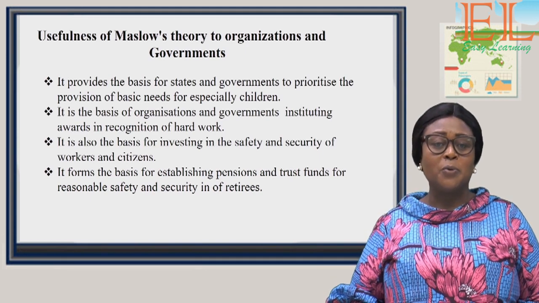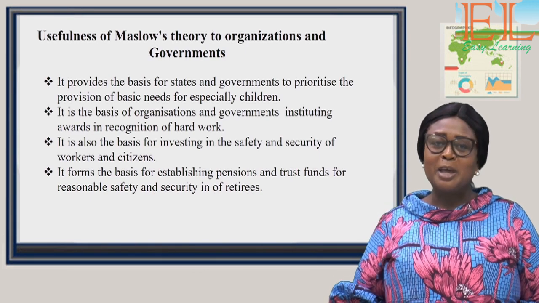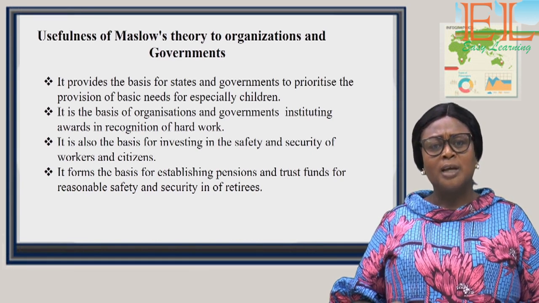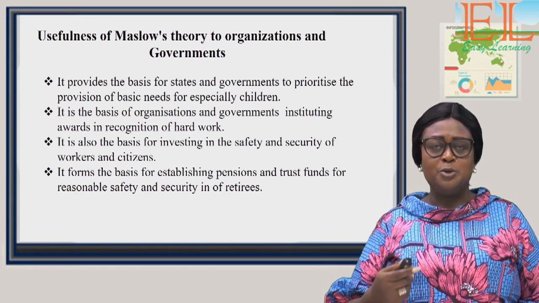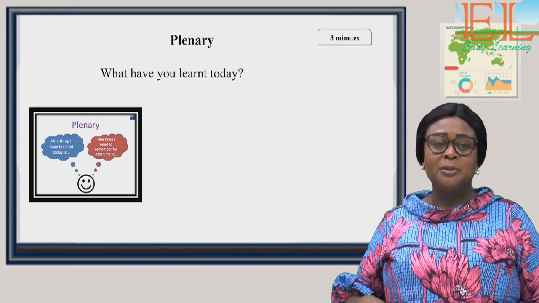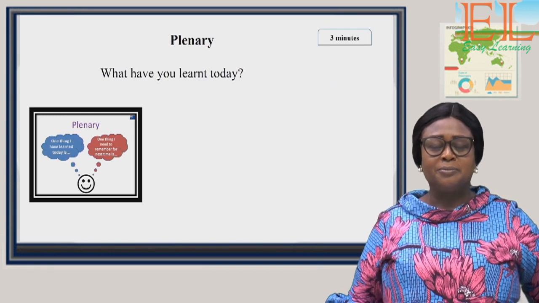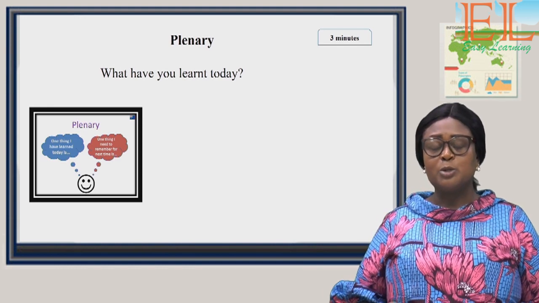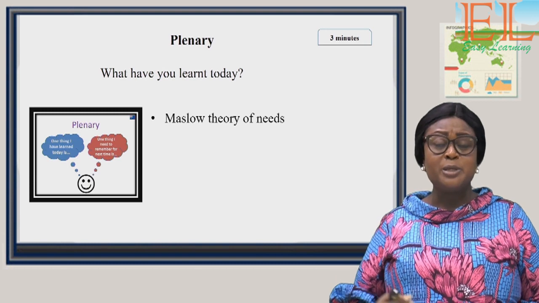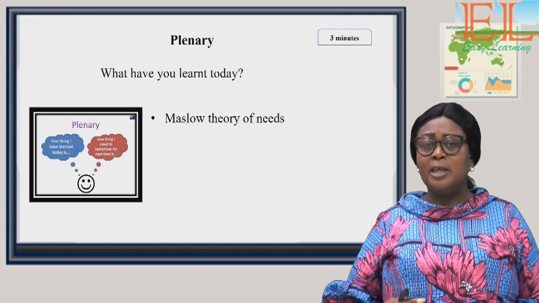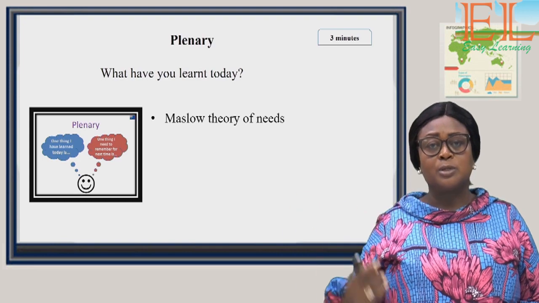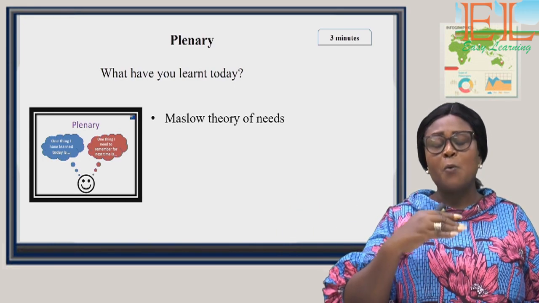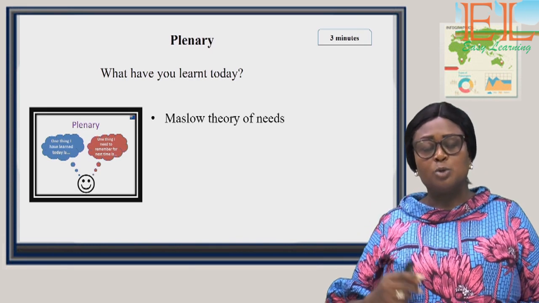We can go on and on and on, but our time is up and we have to go. But before we do, I want to know what you have learned today. What have we learned today? In today's lesson, we learned about Maslow's theory, and we simply said it's about our needs, and that these needs occur in levels. And because they occur in levels, we have to satisfy one need before we go on to the other.